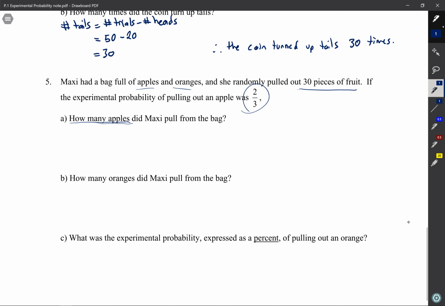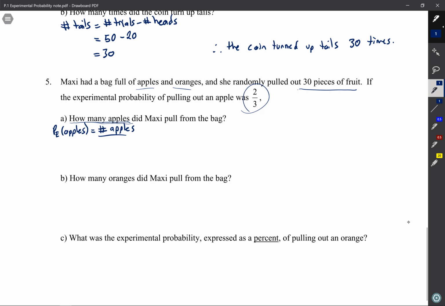Again, we're going to work with the same formula. So the experimental probability of apples equals the number of successful trials, and that means the number of times that she pulled out an apple. That tells us the number of apples, and that's divided by the total number of trials.